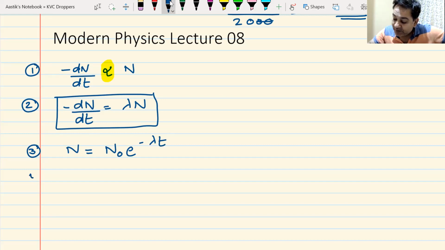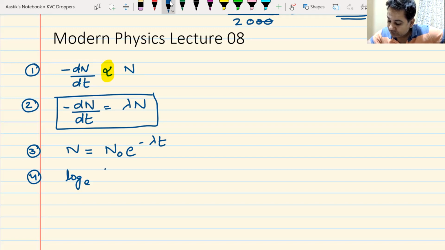Okay. Then we had a formula of log to the base e in terms of N and N naught. What was that? Minus lambda t. Log to the base e of what?